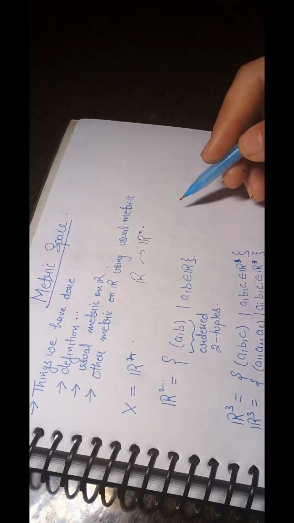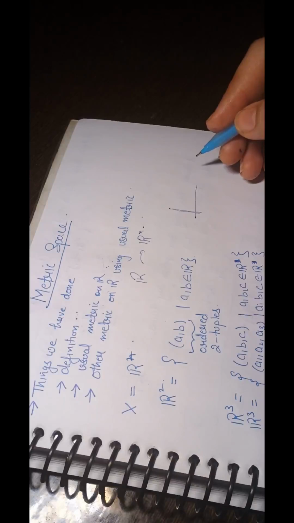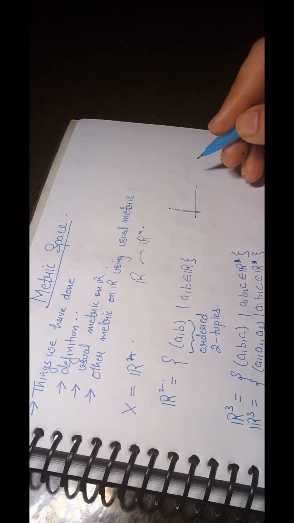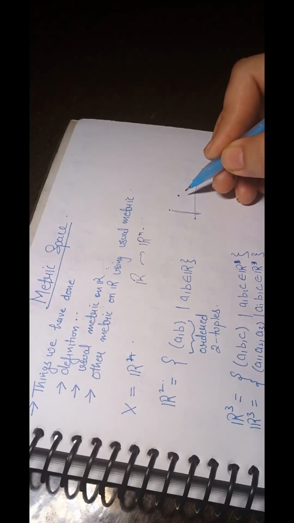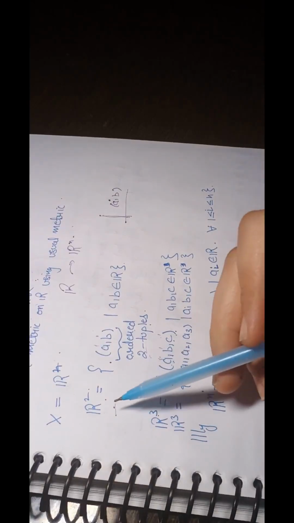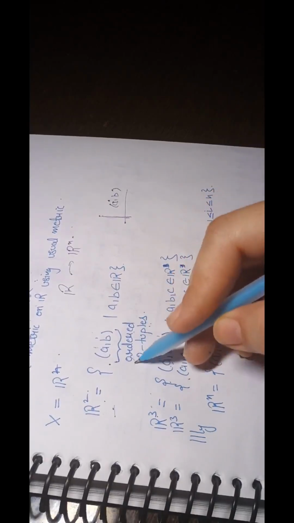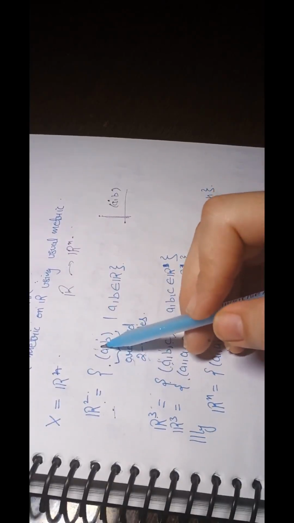Till 12th class, you must have done the set R2. How does an element of R2 look like? It is an ordered pair like A comma B. If I want to give the definition of R2, I will say that R2 is the collection of all ordered two tuples. Why ordered? Because order is important here.